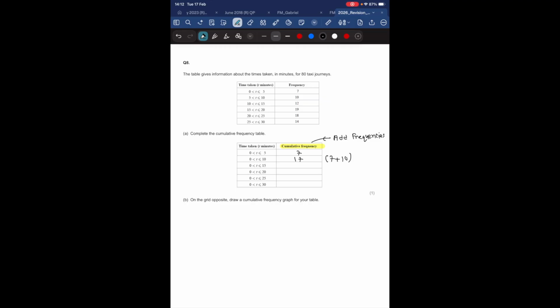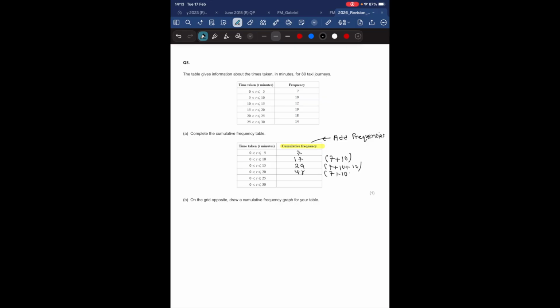And then all we do is add these frequencies as we go down. So the next cumulative frequency is going to be 7 plus 10 plus 12, which gives us 29. The next cumulative frequency is going to be 7 plus 10 plus 12 plus 19, and that's going to give us 48.